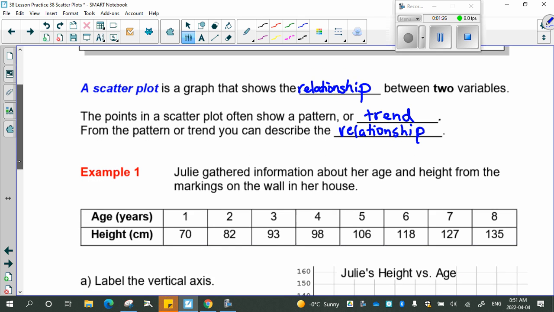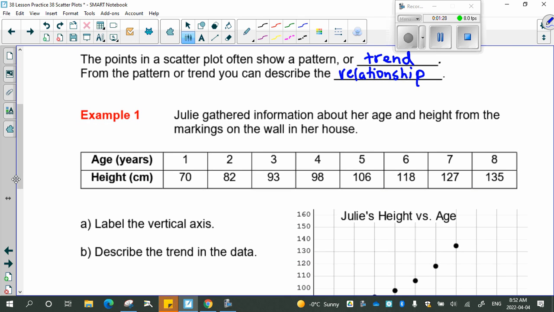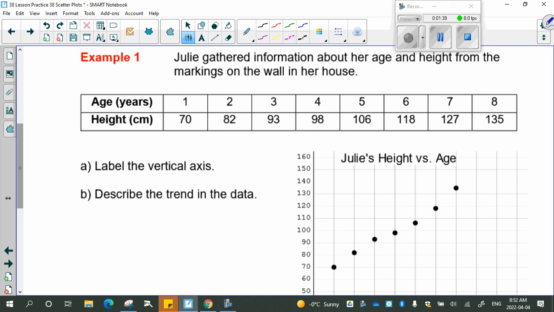So here's our first example. Julie gathered information about her age and height from the markings on her wall in her house. So you can see she's got her age, and since it's first, we're assuming it's going to be on the x-axis. We'll check that out.